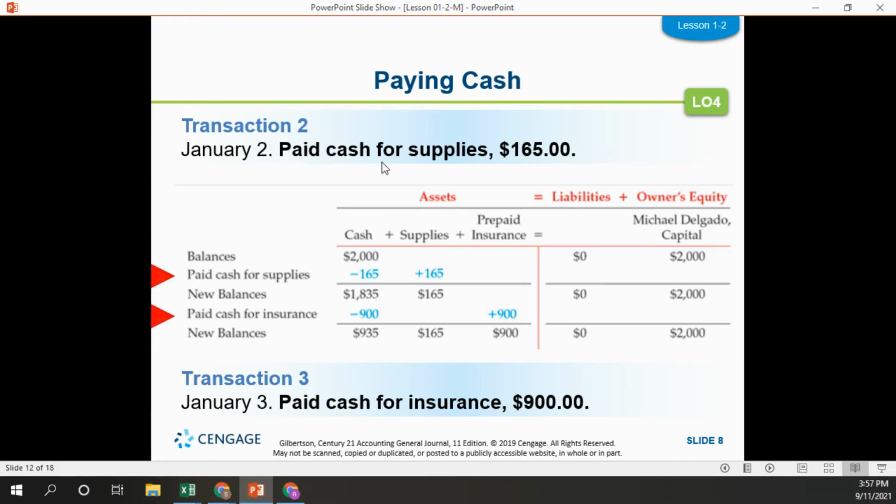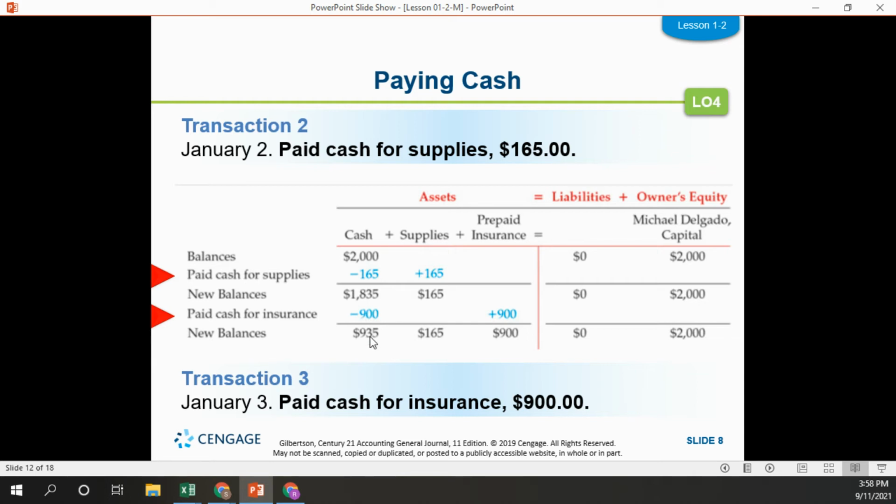After the transaction, you can see here after the cash for supplies, we deduct 165, 2,000 minus 165. We have $1,835 cash, $165 of supplies. That totals $2,000 of assets, which equals the right side of the equation for owner's equity of 2,000. Now, then we buy $900 here. We subtract the 900 of cash.